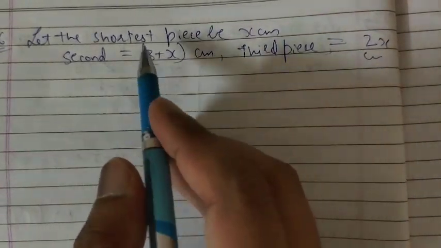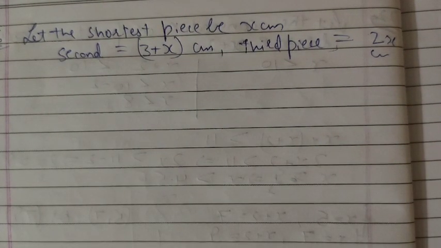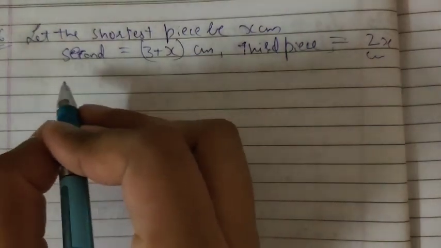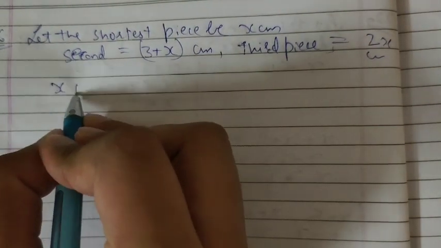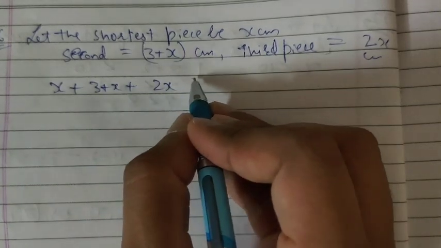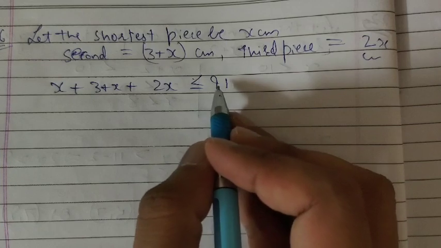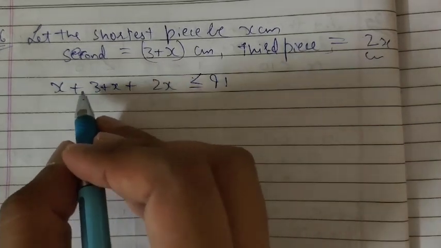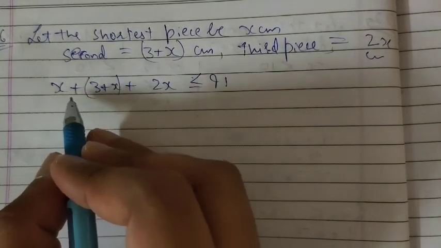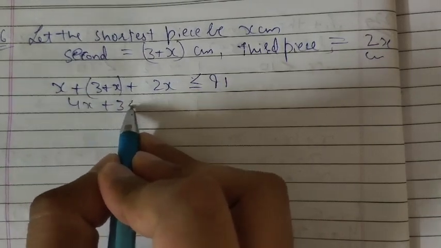Now it should be cut off from 91 centimeter board. So that means shortest side x plus 3 plus x plus 2x will always be lesser than equal to 91 because it has been cut off from this board itself. So we can say 3x plus x 2x, 2x plus 2x 4x plus 3 is lesser than equal to 91.